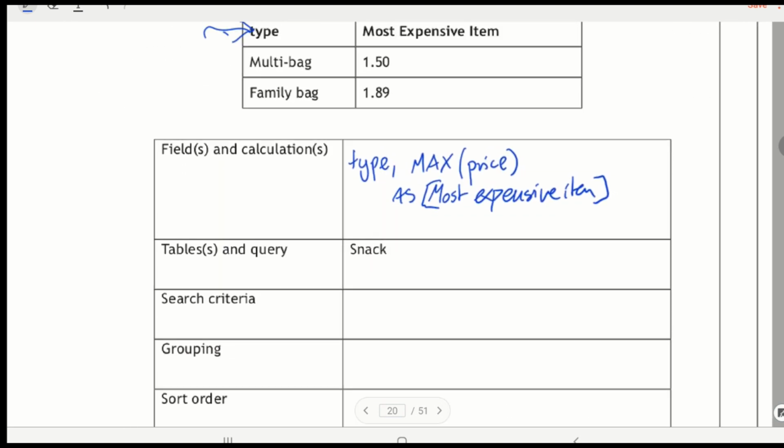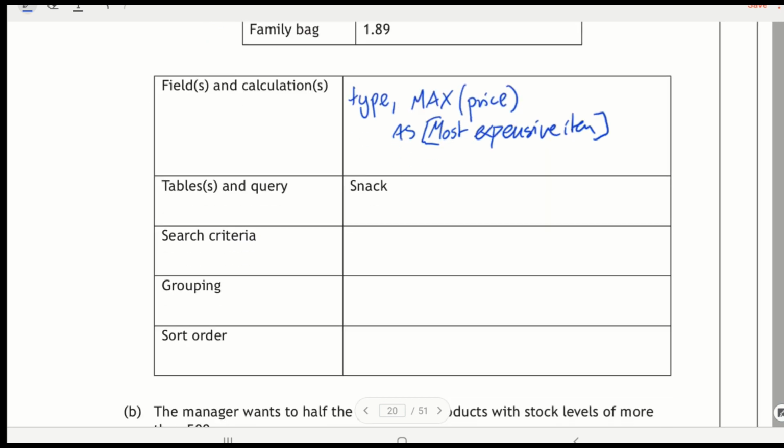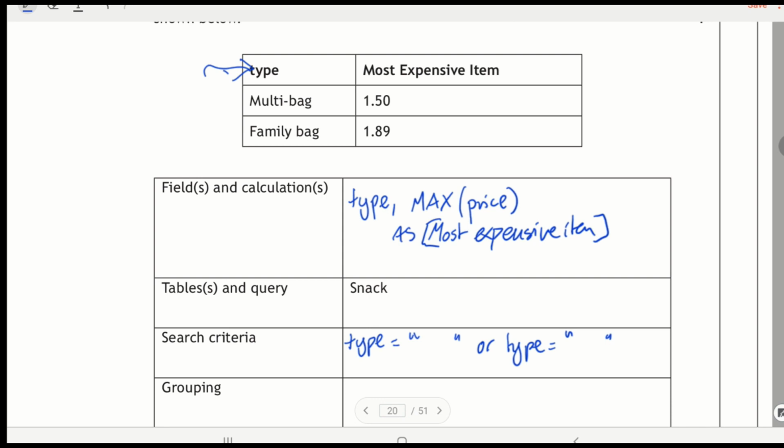Search criteria, so we only want multi-bag or family bag. There's two ways I could work this out. I could say type equals first one, or type equals the second one. They've also got something in common, so they've both got the word bag, and the only other value in the table was single, which doesn't have bag in it.